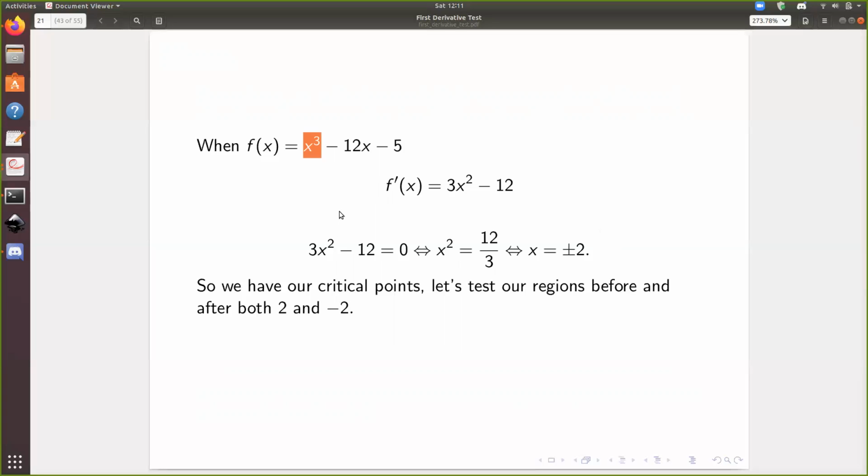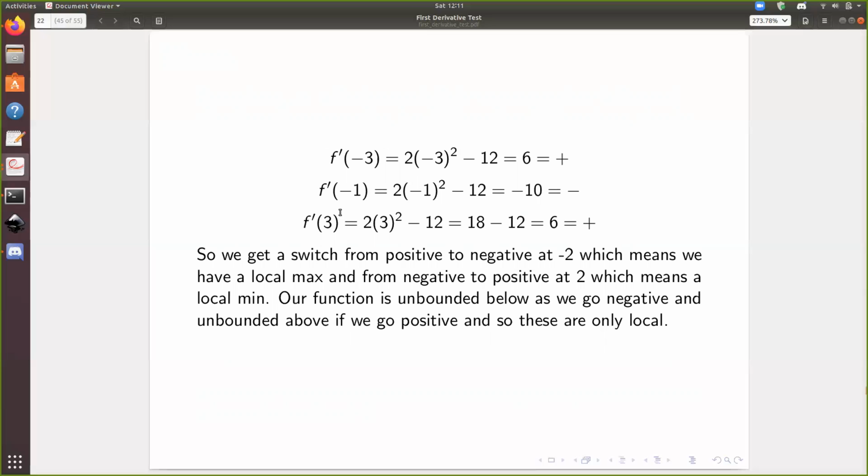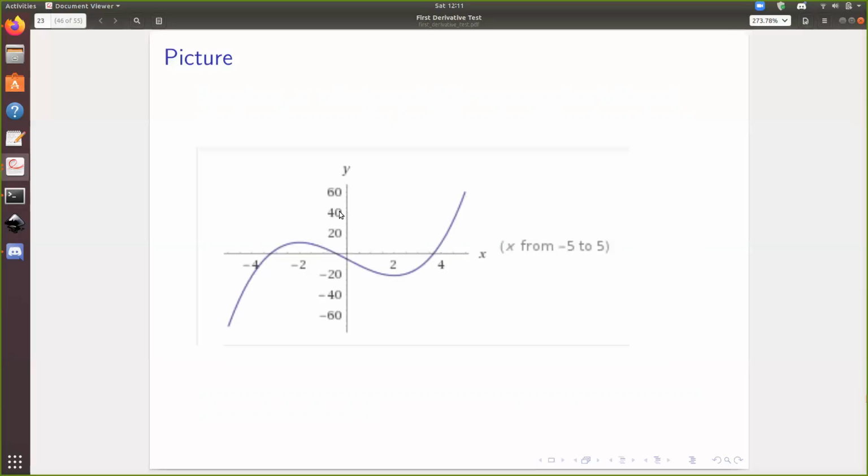So this function shoots off to -infinity as you go to the left. And when you plug in very large positive numbers, it's going to shoot off to positive infinity. So it's unbounded from above and below. So that means we have no global mins or maxes, but we do have local mins and maxes. And we're going to find that here at -2 and 2. So I didn't tell you what these values are, but not really hard to figure out. Just go plug in f of 2 and f of -2.